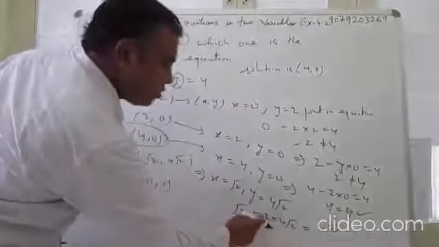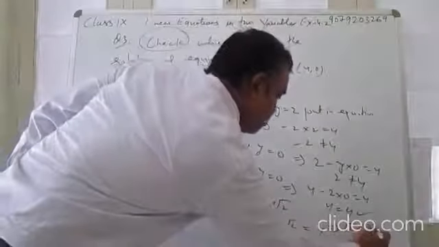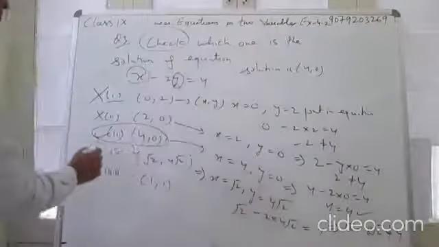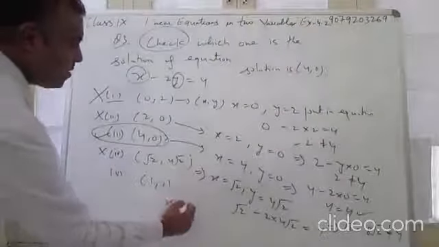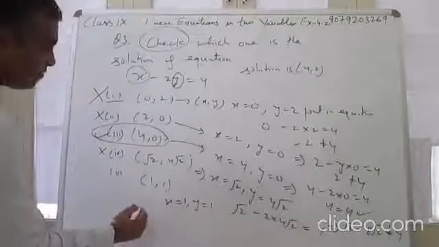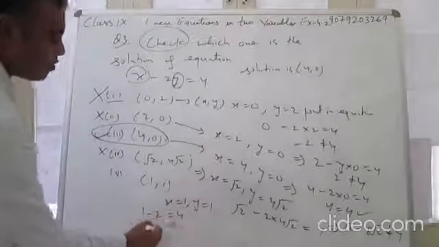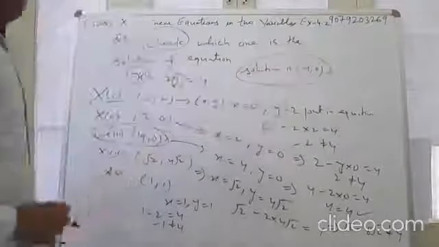Root 2 minus 8 root 2 is equal to 4. It is also not equal. Now similarly 1, 1: 1 minus 2 is equal to 4. So it becomes minus 1 not equals to 4. This is wrong. Only 4, 0 is the solution.